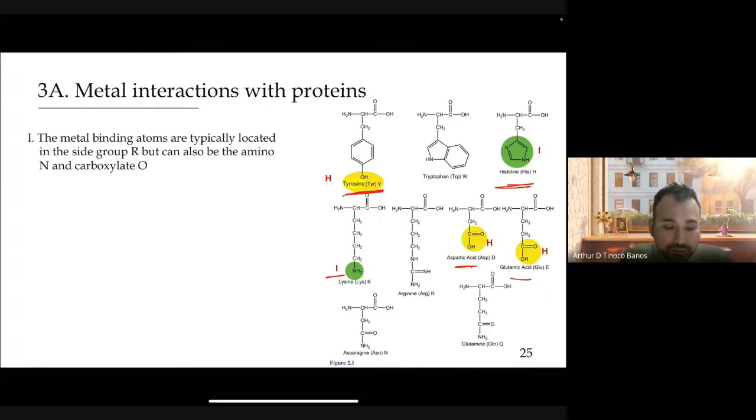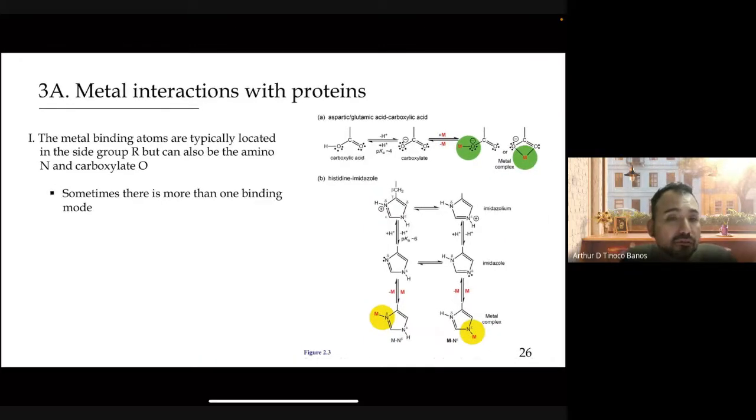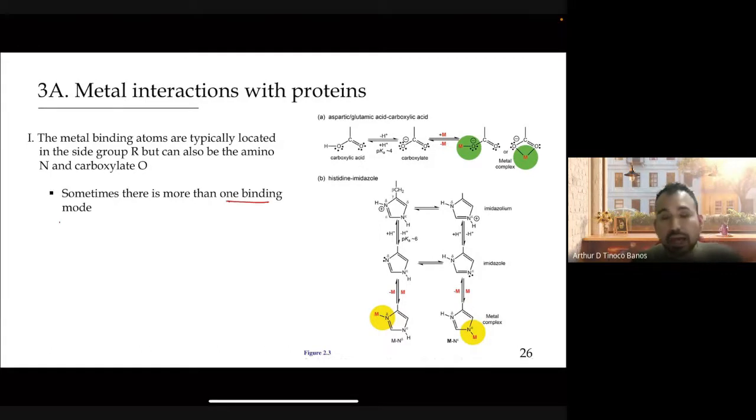Another really important thing, which I alluded to, is that you can also have more than one binding mode. As an example, every individual amino acid has a carboxylate group, and depending on the side group, glutamic acid or aspartic acid also have carboxylic acids. The carboxylic acid can coordinate in a monodentate fashion, and it can also coordinate in a bidentate fashion. That's something to be aware of.